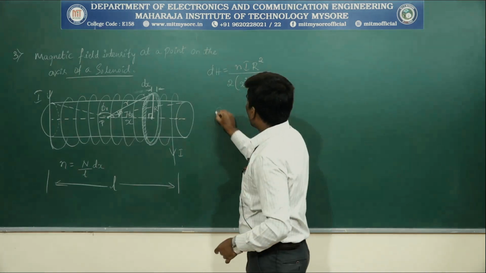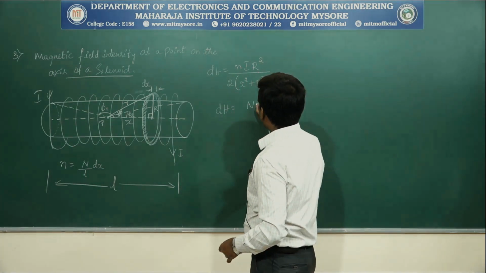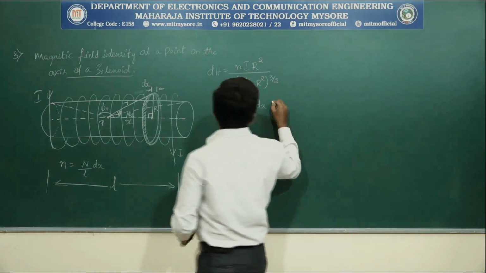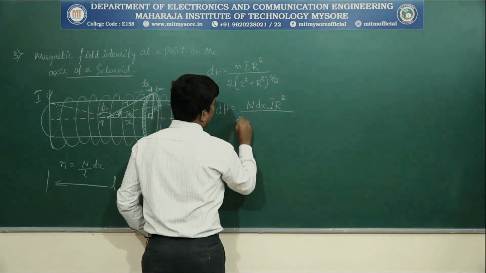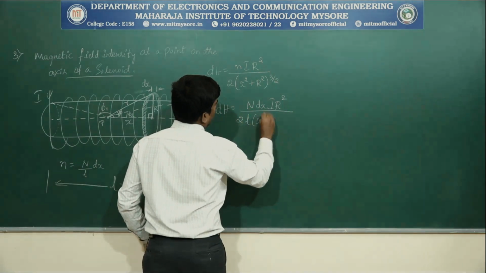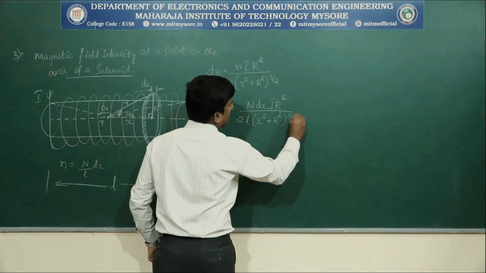So dH is equal to n into dx into I into R square divided by 2L (x square plus R square) whole power 3 by 2.